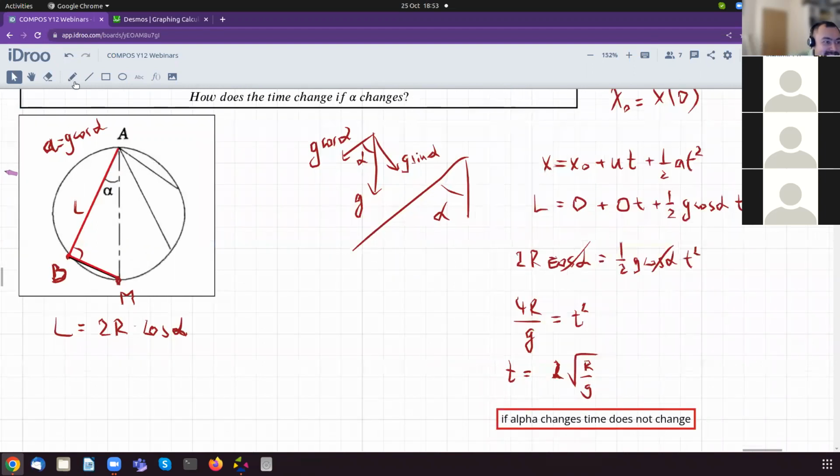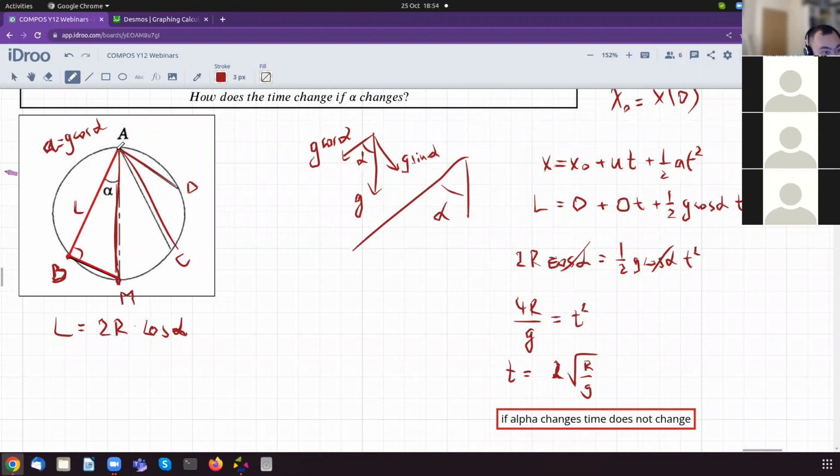So that means that going from A to B takes the same time as going from A to C, and as going from A to D, and from A to M, if the string was vertical, because the distance is greater, but you go with a faster speed.